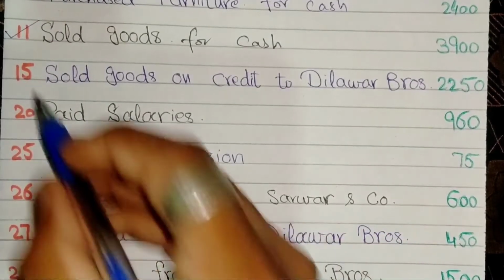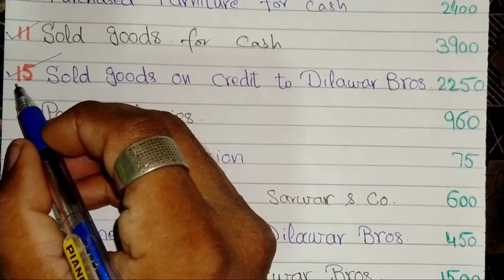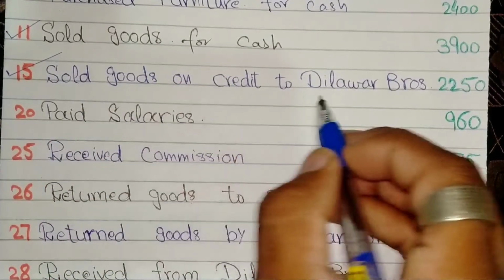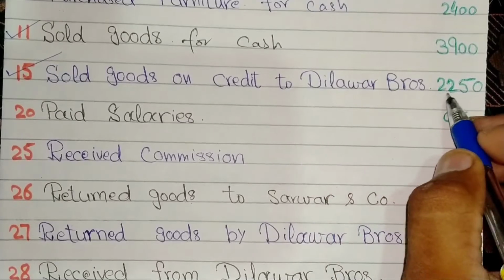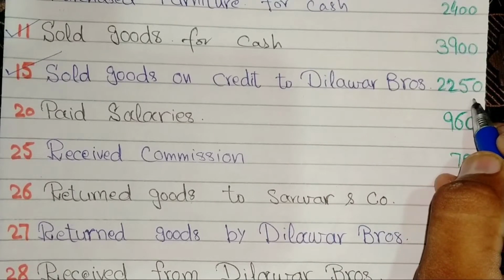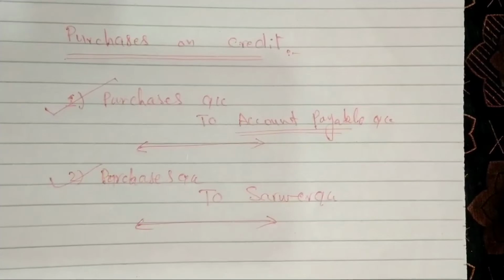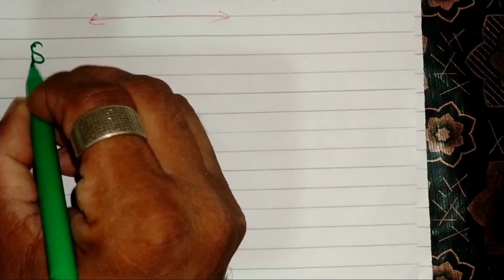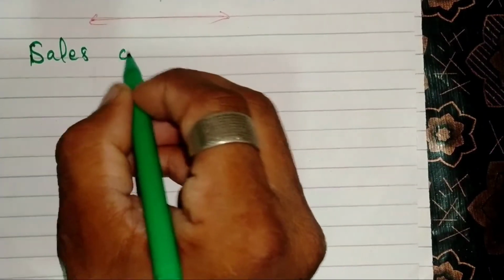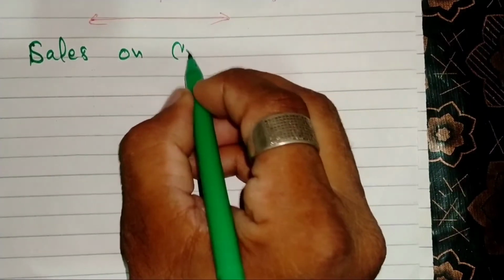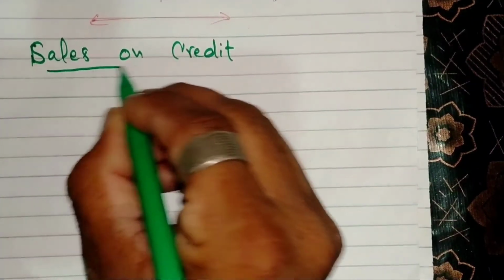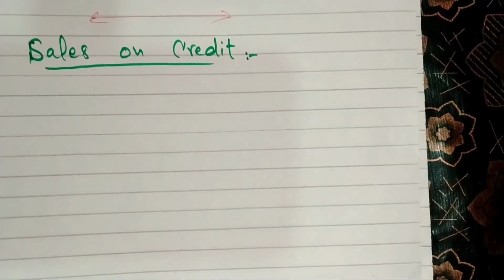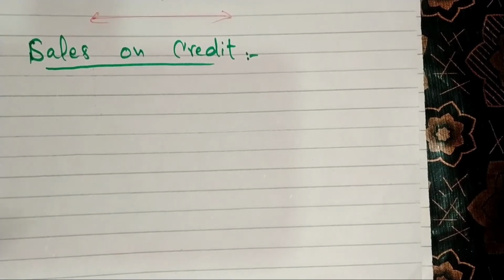The next transaction is on 15th February, sold goods on credit to Dilawar Brothers amounted to $2,250. Same as the earlier entry of purchases on credit, the current transaction is sales on credit. Same as purchases, we will deal with sales on credit in two ways.